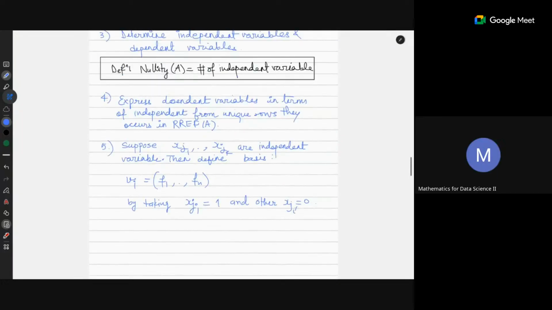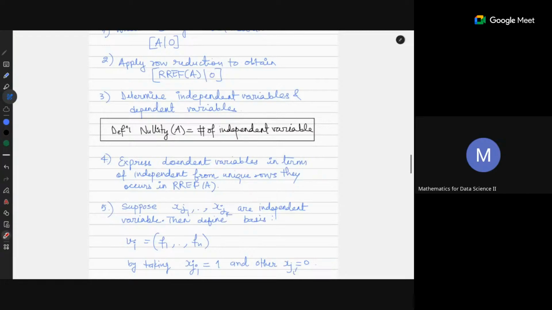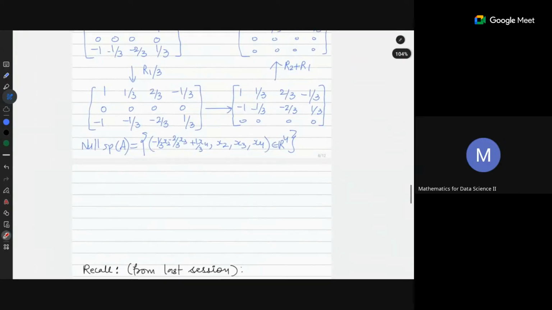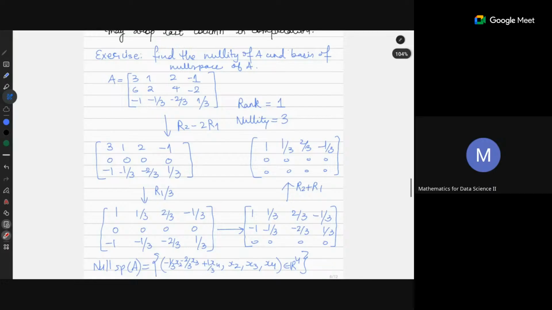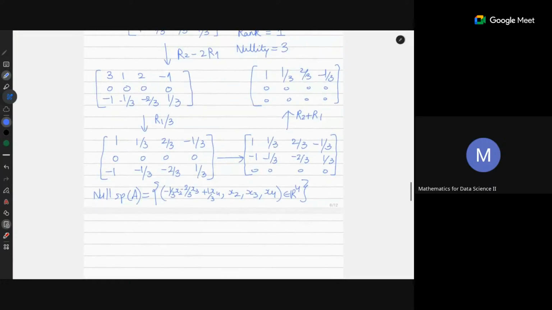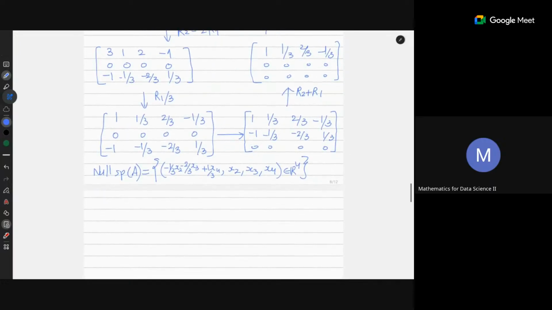Can you? So just follow this. Express each dependent variable in terms of the independent variables. And how do you do that? So the way to do it is write down the corresponding homogeneous system of equations.